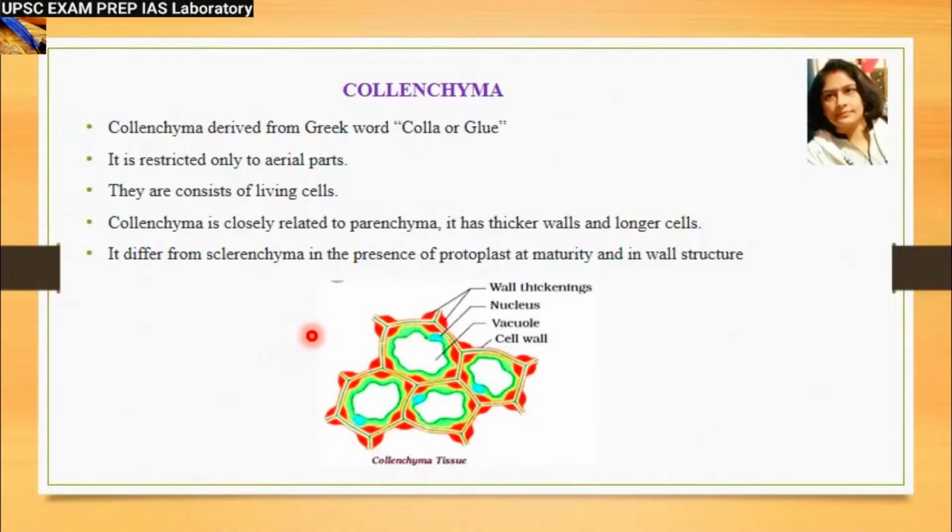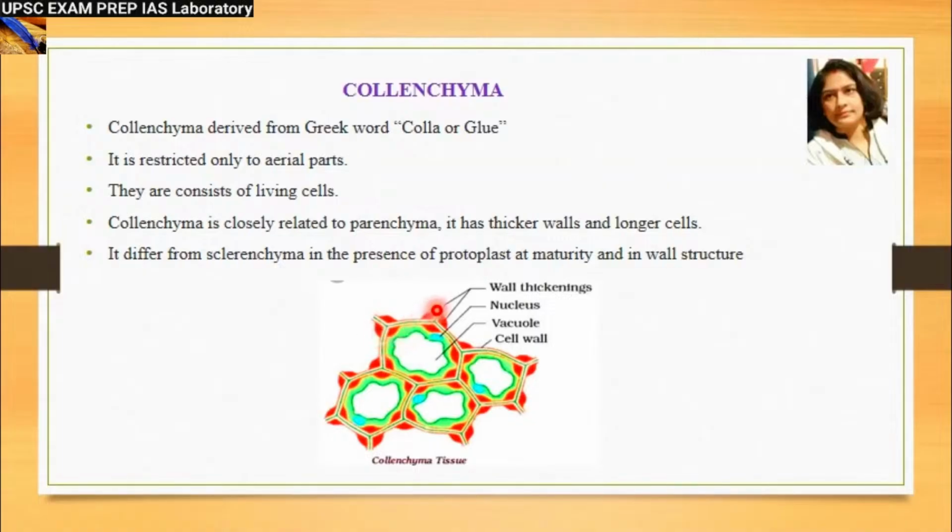The walls of collenchyma are chiefly composed of cellulose and pectic compounds and contain much water. The thickenings on the walls of collenchymatous cells are unevenly distributed. Normally, the wall thickening is present in corners.